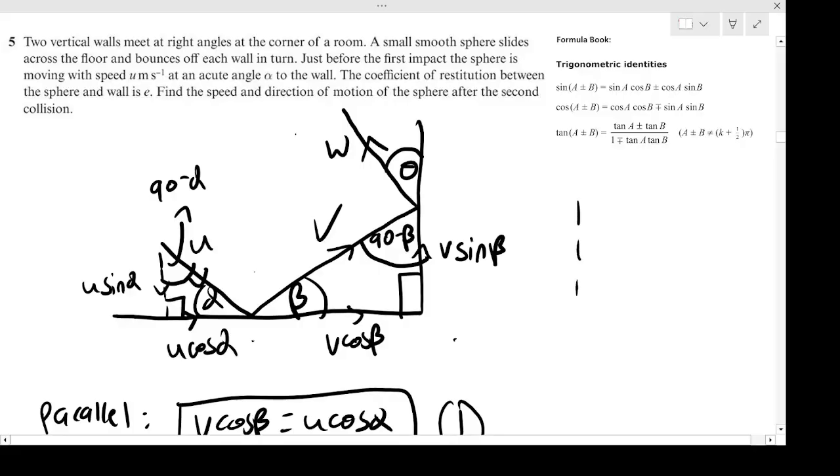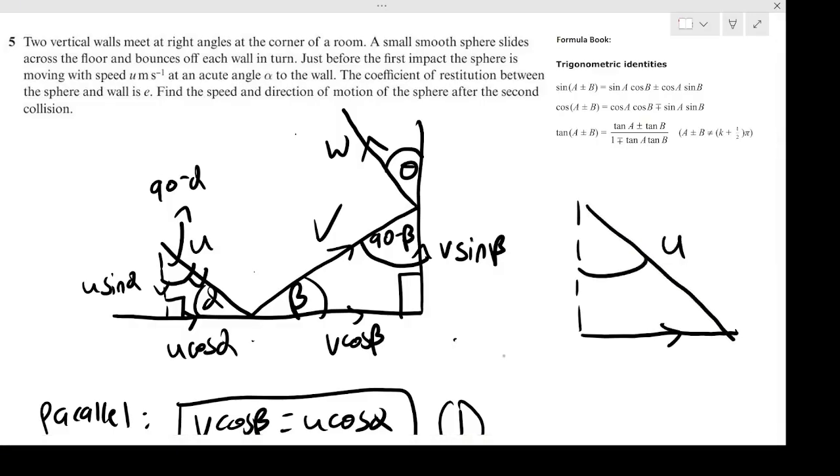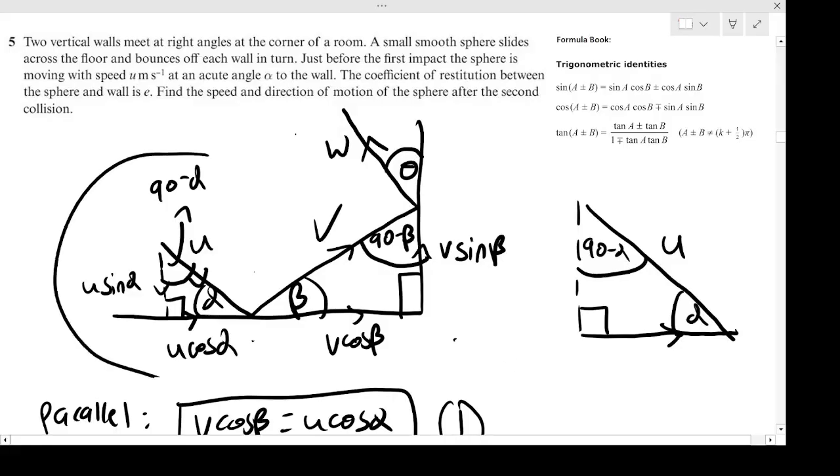I'm going to draw this out bigger so it's clearer. So this angle is 90 minus alpha, this angle is alpha, and obviously this is the initial speed u. I'm just copying out the triangle here.